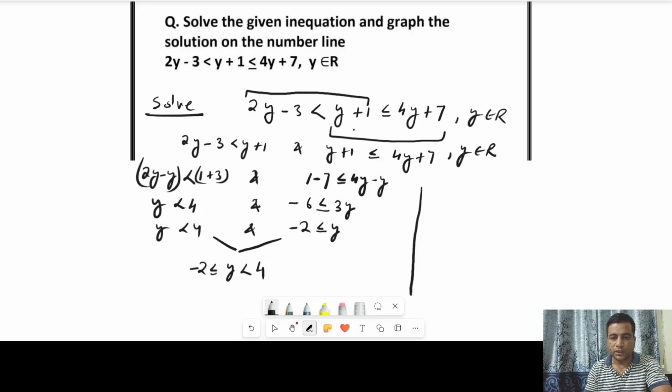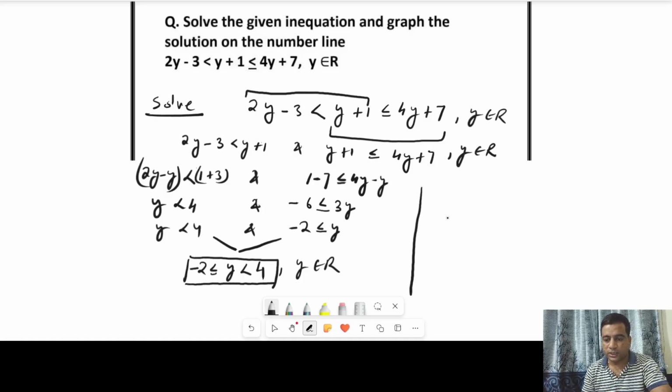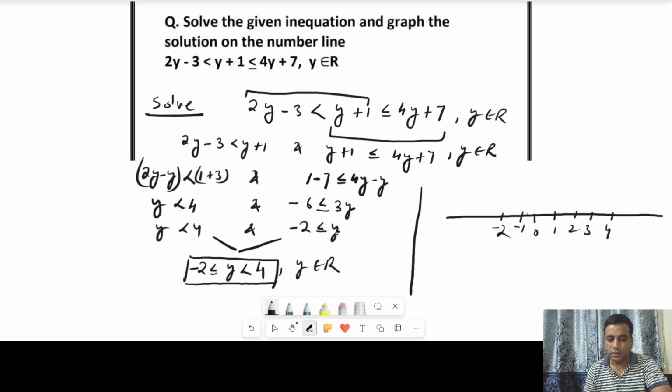Next, here it is given that y is a real number. Now, represent this inequality, this region, on a number line. So first you should draw a number line. Let this be 0, minus 1, minus 2, and let this be 1, 2, 3, 4.